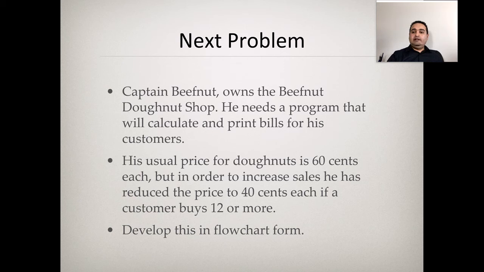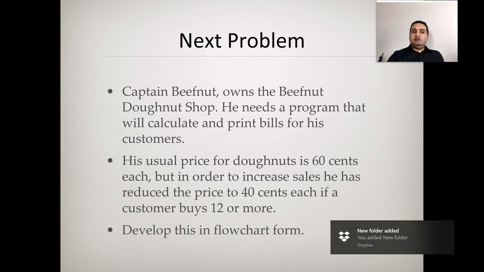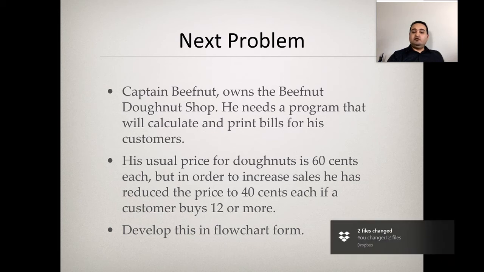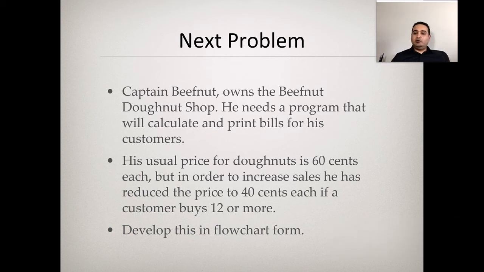So he will sell each donut for 40 cents. On the other hand, if an individual buys less than 12 donuts, then he will charge them 60 cents. Again, the more you buy, the more discount he will give you.